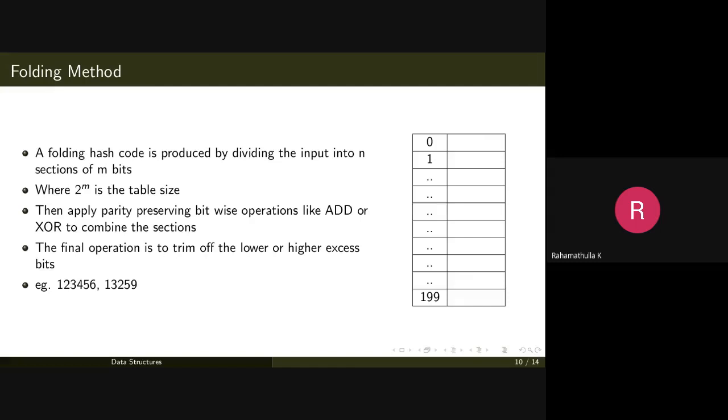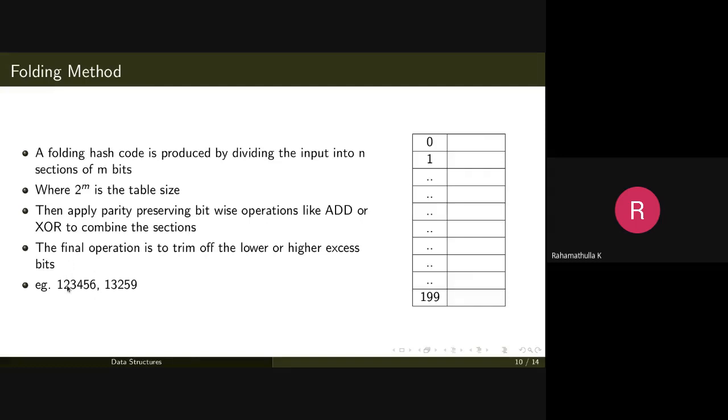For example, let's say you have some input, then you divide that input into n sections of m bits. So let's say you have the numbers 1 2 3 4 5 6. Let's say you have divided it into 2 digits each: 1 2 in one section, 3 4 in another section, and 5 6 in another section.